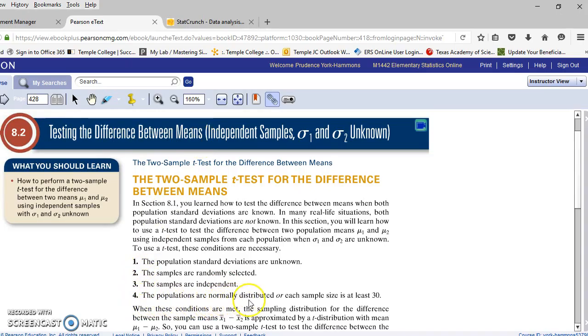And the populations are normally distributed, or each sample size is at least 30. So again, these four conditions on page 428 of your e-text must be met in order to use a t-test to determine the significance of the difference between means of two samples.